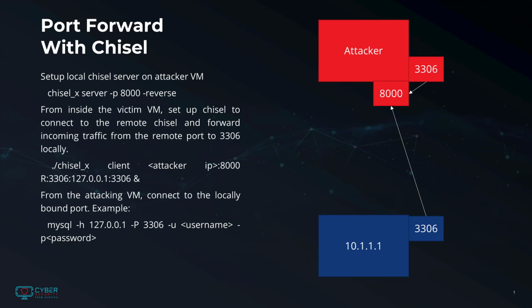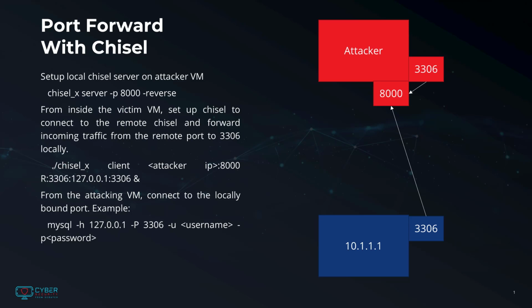So essentially what this looks like is the diagram on the right side of the screen here, where a port 3306 is opened on the attacking VM, which the attacker can route to, connected through the reverse Chisel program, which is bound on port 8000, and then connecting into the port 3306 on the target VM.